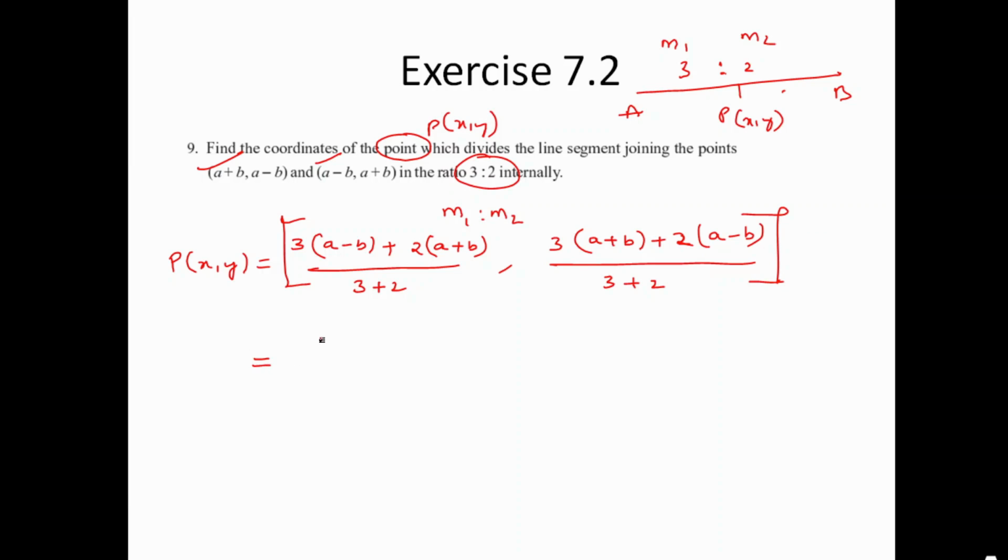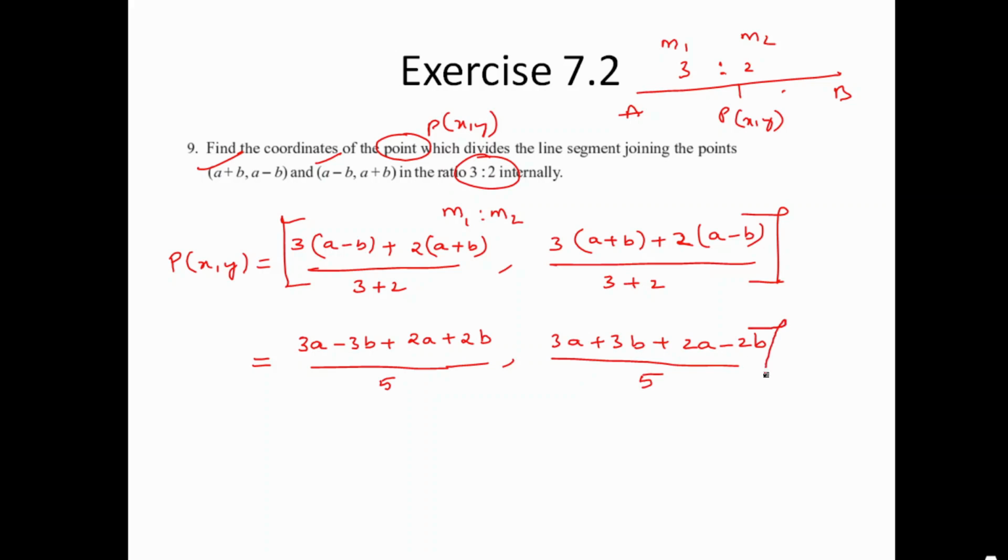So when I'm solving this, you should keep all your focus here because there are alphabets: 3 into a minus 3 into b plus 2 into a plus 2 into b, right? The next thing is 3 into a plus 3 into b plus 2 into a minus 2b. Simple, right? Let's solve this.